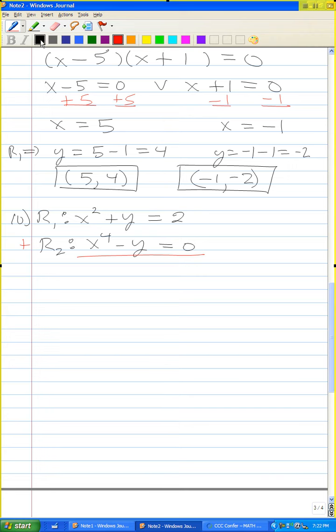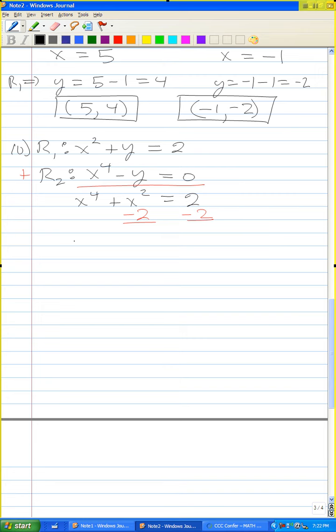In that case, if I add these two, the y's are going to cancel. So I'll get x to the fourth plus x squared equals 2. Subtract 2 from both sides of my equation. And so x to the 4 plus x squared minus 2 is 0.